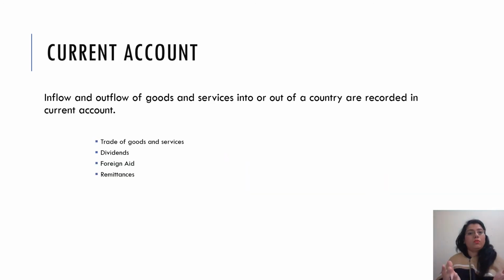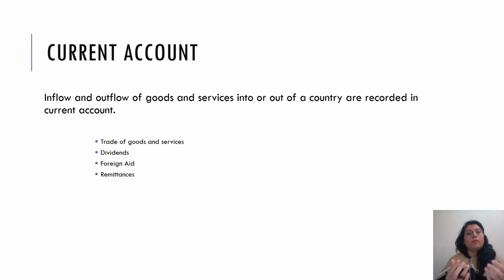Now, the current account. What kind of transactions will we record in the current account? Inflow and outflow of goods and services into or out of a country will be recorded in the current account. For example, trade of goods and services, like we do import and export of goods and services, that will be recorded in the current account. On the other hand, dividend receipts that we receive from income generating assets such as stock will be recorded in the current account.